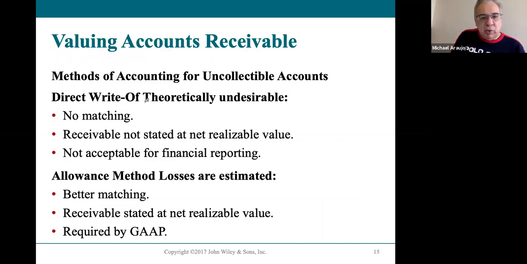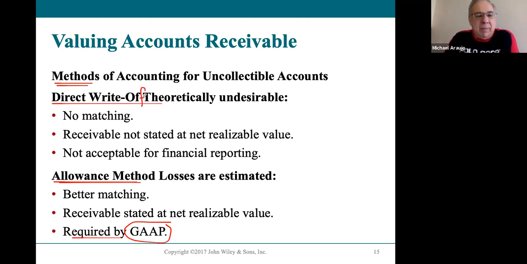So there are two methods that are used to do the bad debt, okay? Only one of them is required by GAAP, and that's the allowance method, which you'll learn in just a moment. There's another way to do it for small businesses, and this is not write-up. It's write-off.